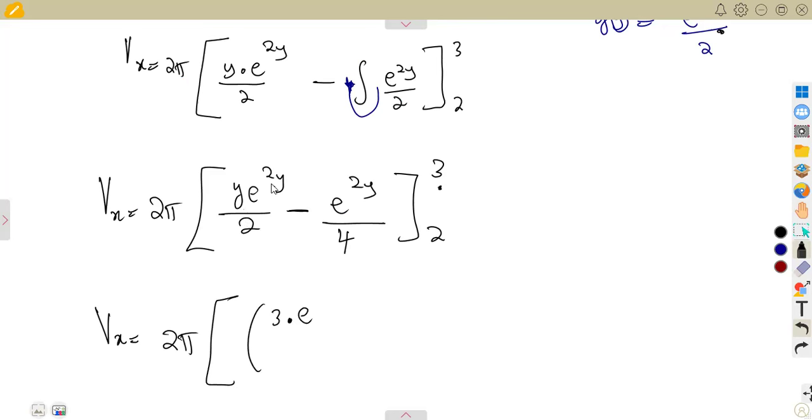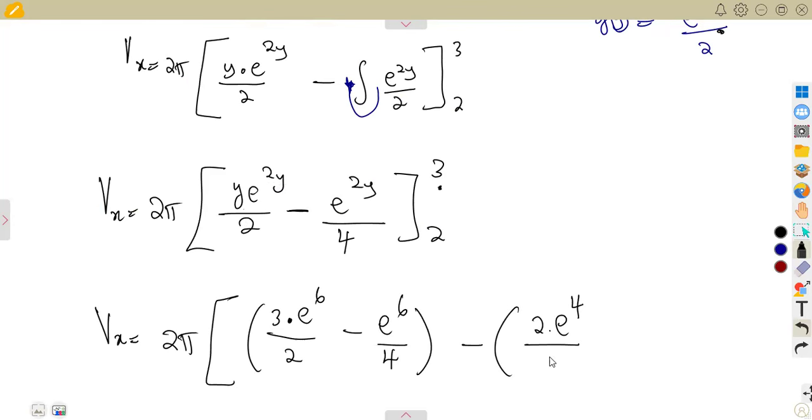E to the exponent of 2 times 3, which is 6, everything over 2, minus a 3 here, so it's going to be e to the exponent of 6 over 4. So that's our upper limit, minus the lower limit, which is 2. So this is going to be 2 times e to the exponent of 2 times 2, which is a 4, over a 2. This you can even cancel, 2 over 2, minus 2 times 2, that's a 4.